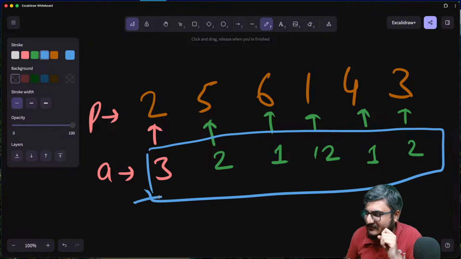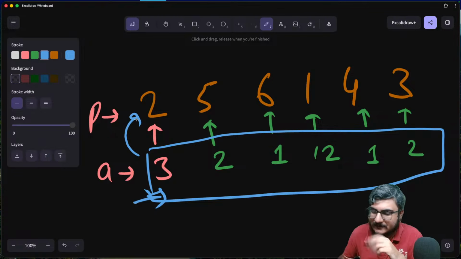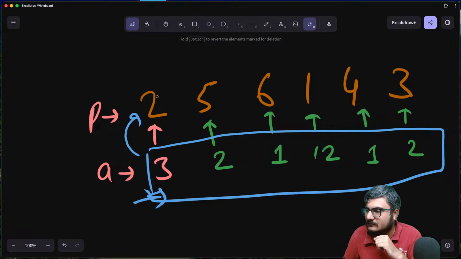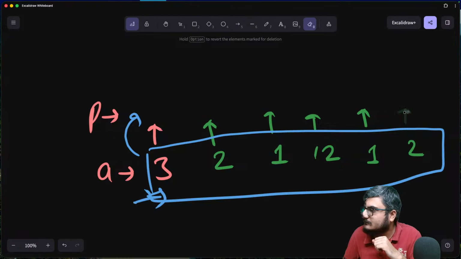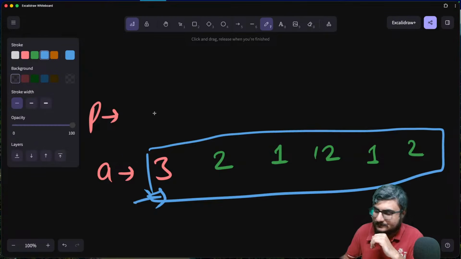So now we have this array with us. How can we find the number of permutations of type P? Any ideas, anyone, before we jump onto the solution? Let's say this is where we are.